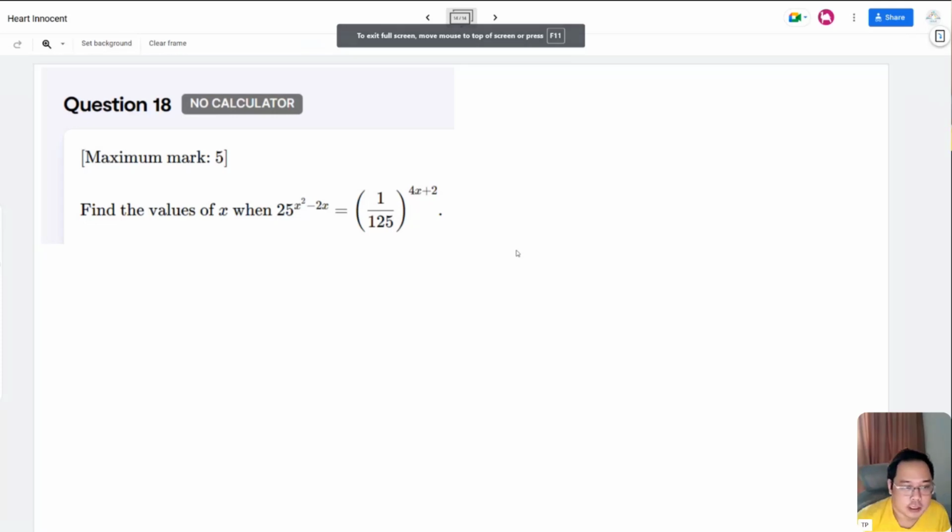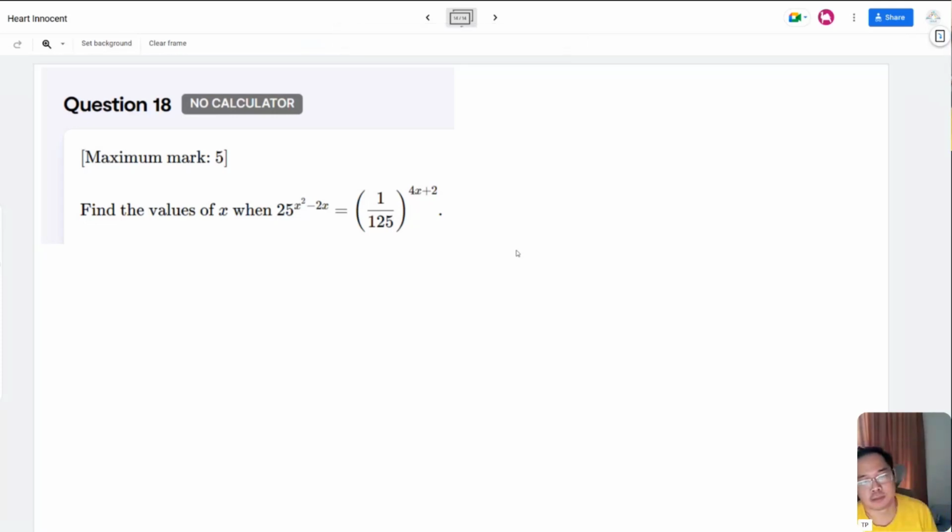Okay. Again, for this problem 18 is similar to a problem that we've done. We need to convert the two bases, which are 25 and 1 over 125, into the same base.